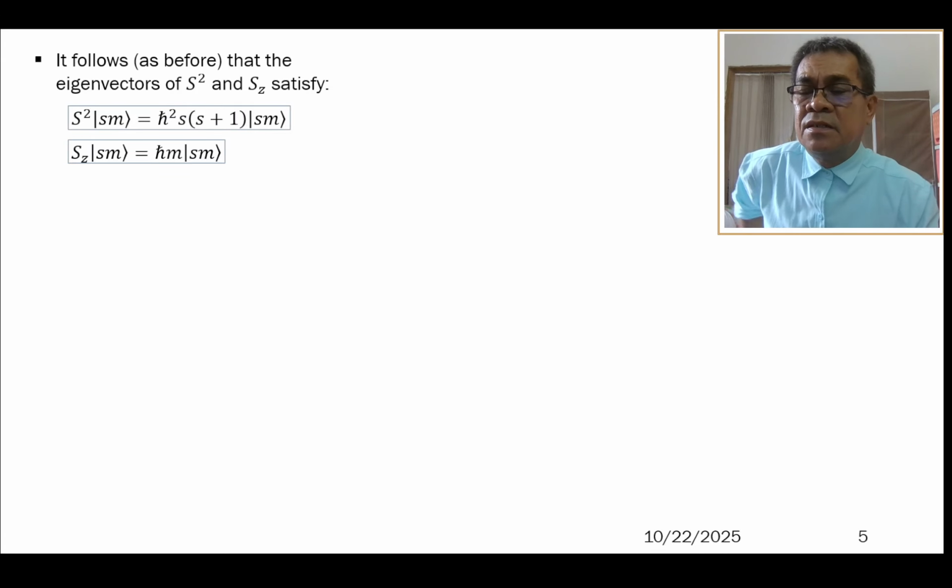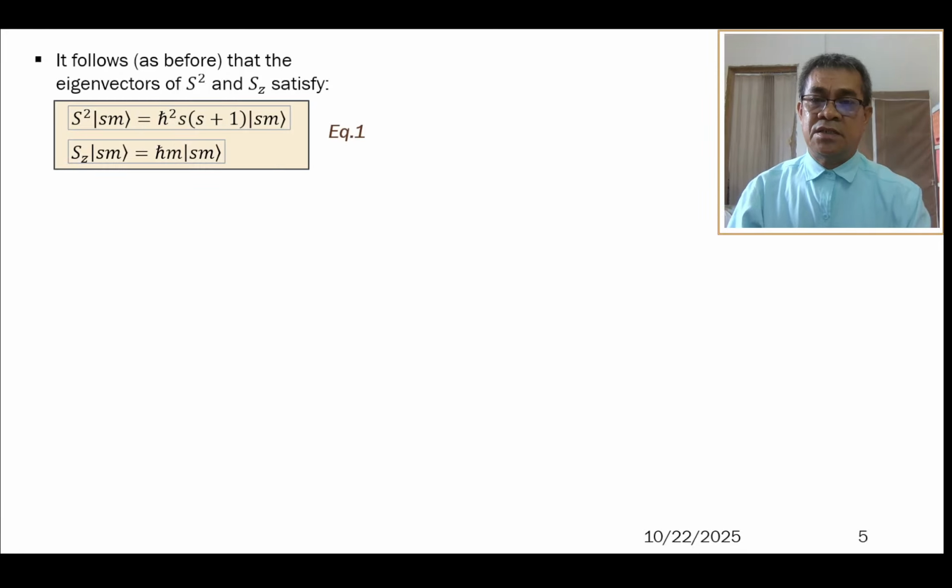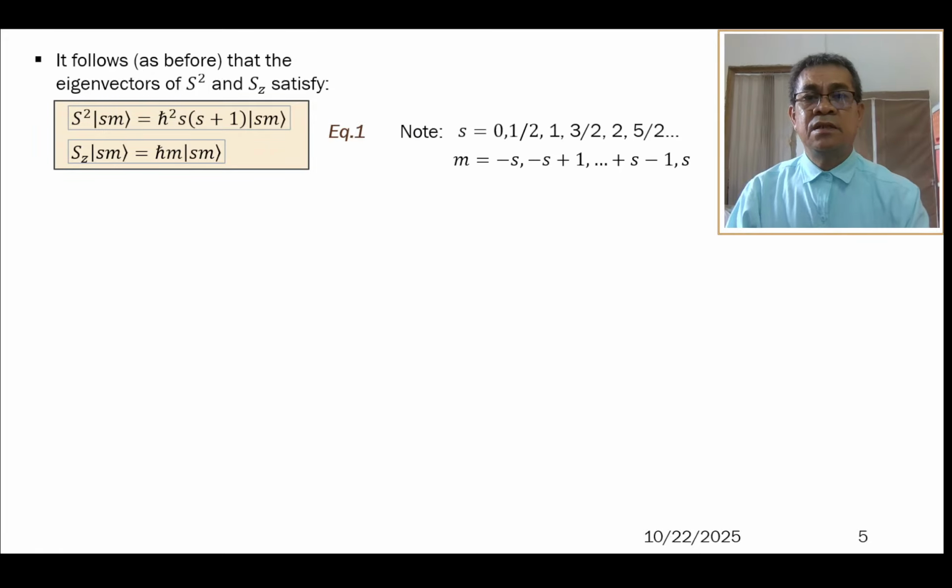Okay, Sz acts on the same state because they are compatible with each other, so they must share the same eigenfunction. It has the eigenvalue of h bar times m multiplied by the state vector. So let this be equation 1. Take note that s will start at 0, and we have 1 half, 1, 3 halves, 2, 5 halves, and so on and so forth.